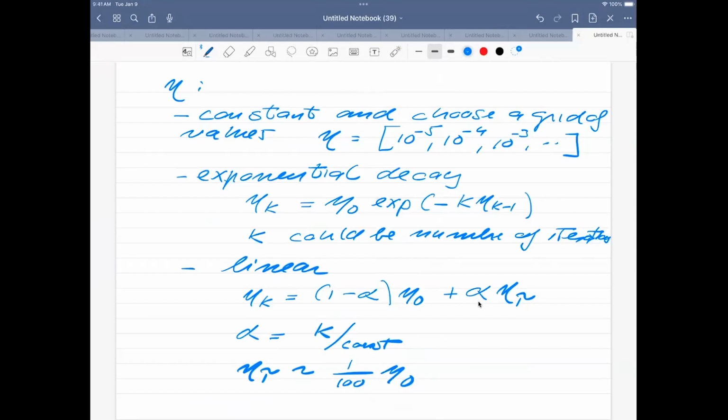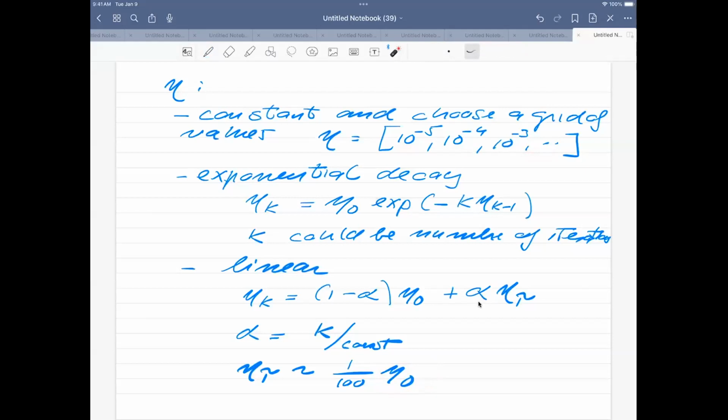So there are tons of such approaches which you can use. You can have alpha as just a constant, which you fix. You can let this alpha change as a function of number of iterations, etc., etc. So these are what I call cheap recipes or poor scientist recipes, which are easy to implement. And the whole idea is that you start with a given value, which we call eta 0. You set up a grid here, and then you let the value diminish.